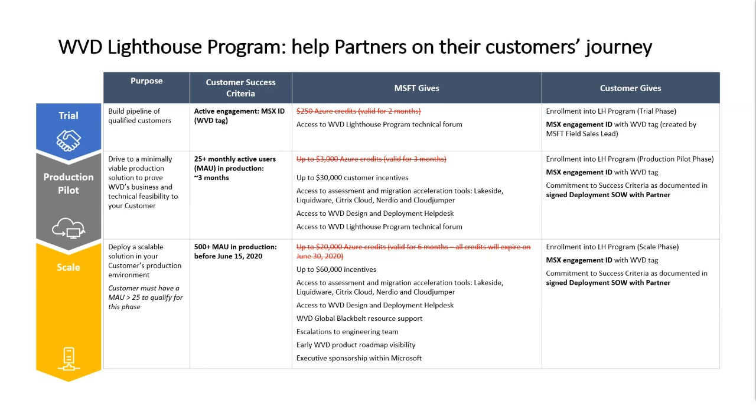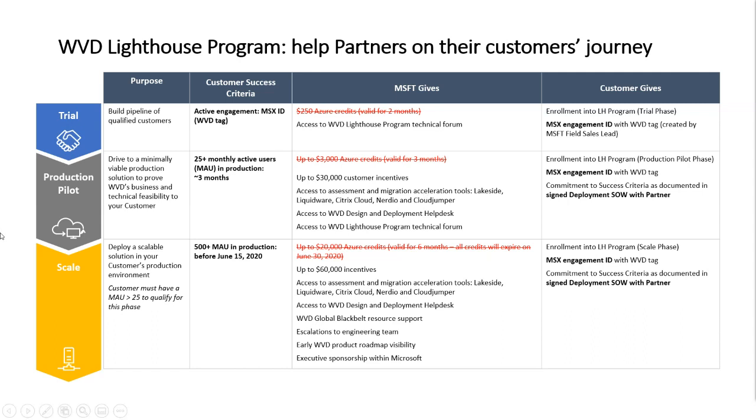So you don't really need to go through the whole step-by-step phase of engaging the customer, getting their interest, doing an intro, doing a POC, and then coming back with a pilot agreement to go into production pilot. A lot of it is more just going, hey, you've got 25 users, let's have a look and see if we can do this, and go into the production pilot phase straight away.